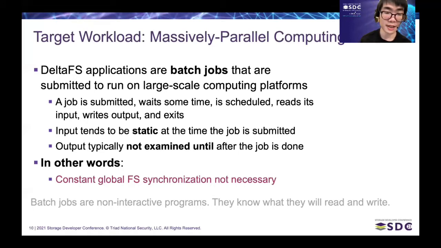So this is the basic workflow. In particular, the input the job reads tends to be static at the time the job is submitted, and output typically is not examined until after the job is done. So this basically enables DeltaFS to implement file system namespace services without performing global file system synchronization for each and every operation.